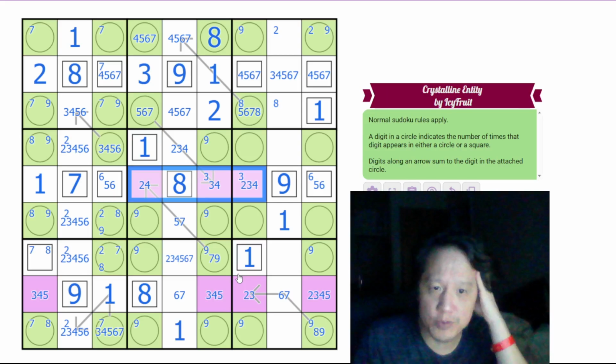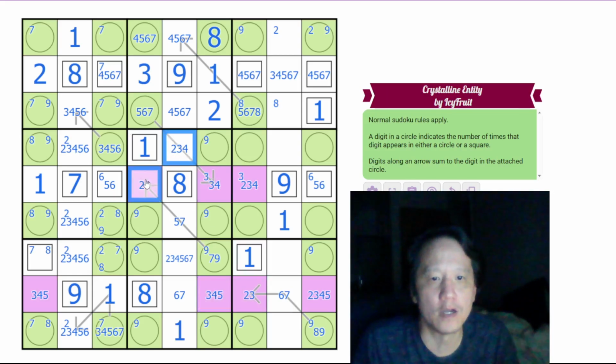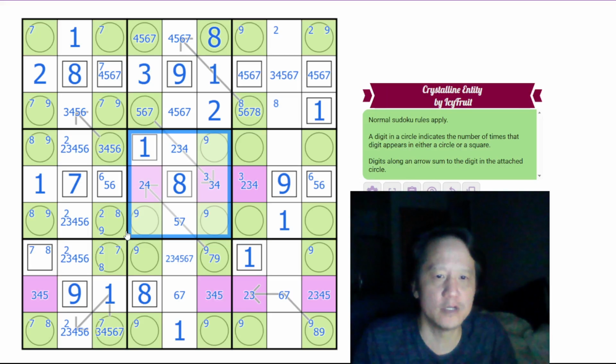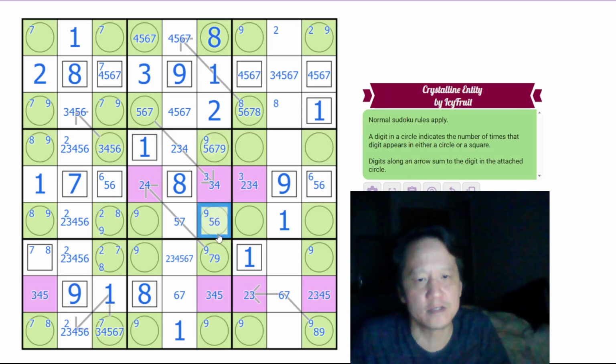So we have 2, 3, 4 outside of the circles and squares. We have a 2, 3, 4 triplet in box 5 then, which eliminates 2, 3, and 4 in the rest of the box. So this is 5 through 9 without a 6, without an 8. 5 through 9 without an 8.